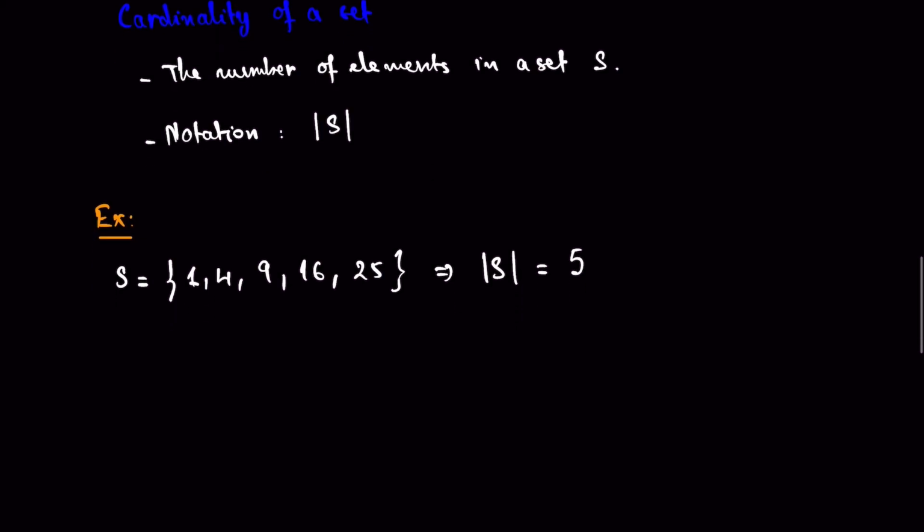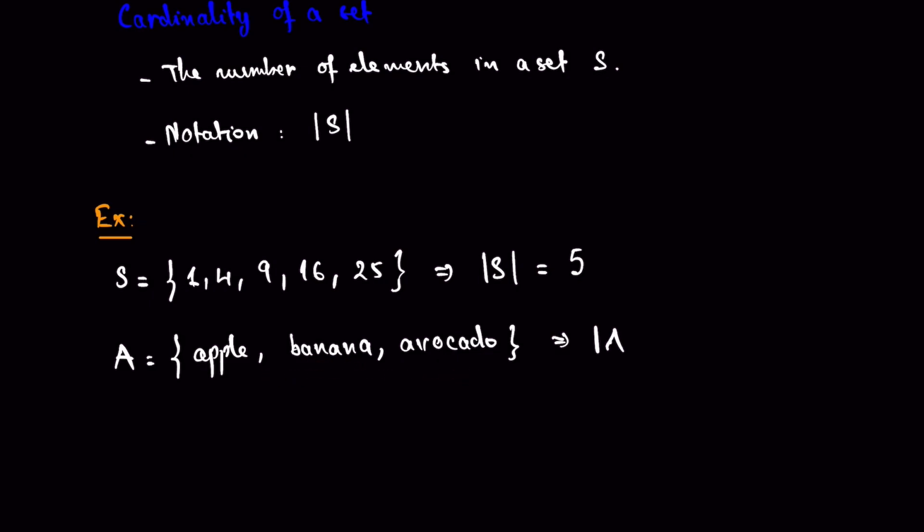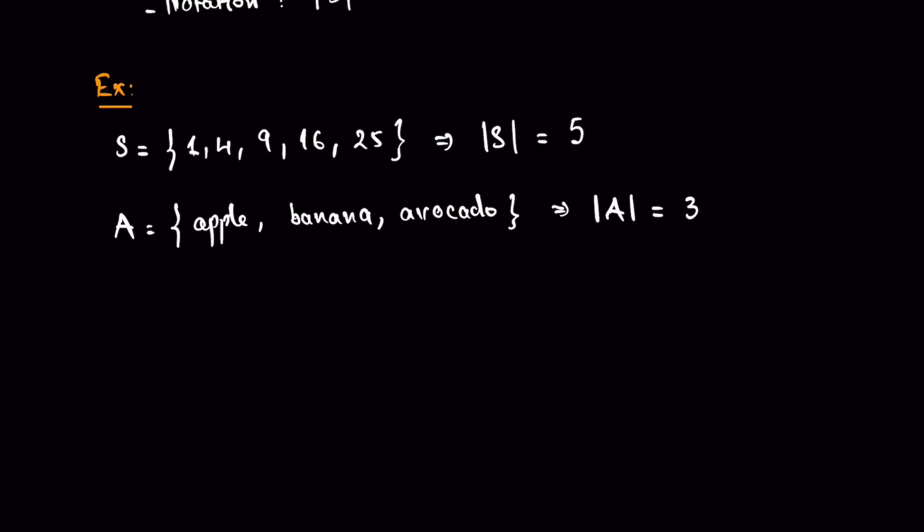Now I have another set, let's say the set A, and the set A includes apple, banana, and avocado. And because there are 3 different elements inside this set, I say that the cardinality of the set A is equal to 3.